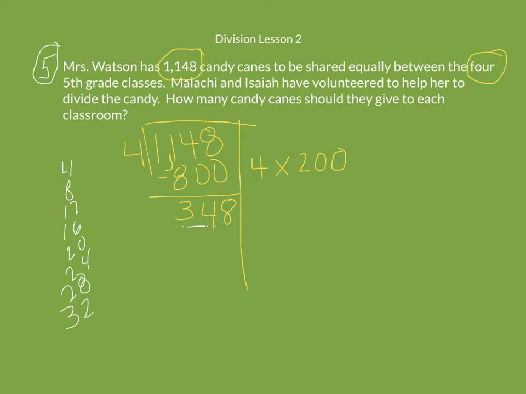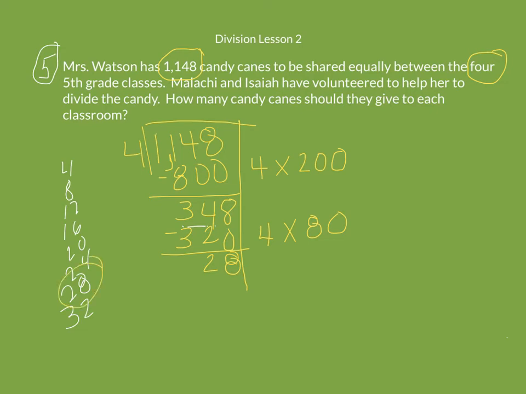So we'll do 4 times 8 tens, which is 80, to get those 32 tens. So 4 times 0 ones is 0 ones. 4 times 8 tens is 32 tens. That leaves Malachi and Isaiah with 28 candy canes to still share equally. 28 is a multiple of 4.